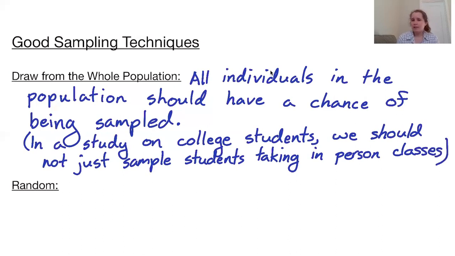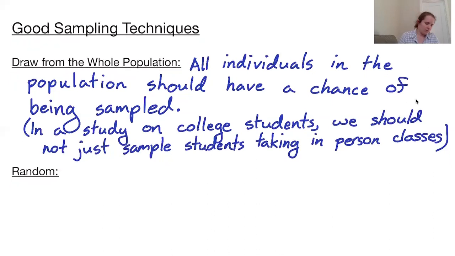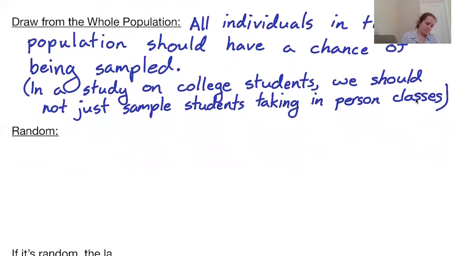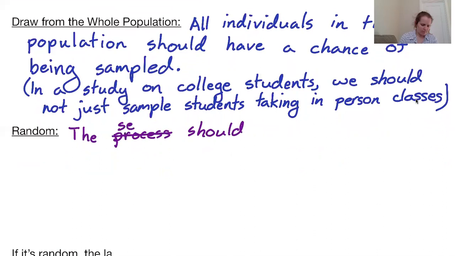The other major piece that you should have when you're going to pick your sample is that the process should be random. So the selection should be random.